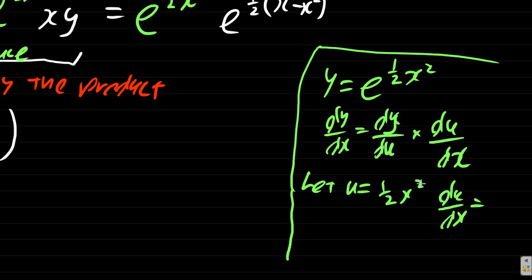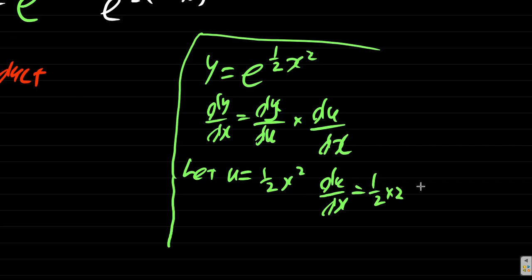Using the power rule, it's going to be half times 2x to the 2 minus 1. But 2 minus 1 is 1, so it's x. Half times 2 is 1. So du by dx is x. See that? And then, if we let u be equal to half x squared, then y is e to the u.